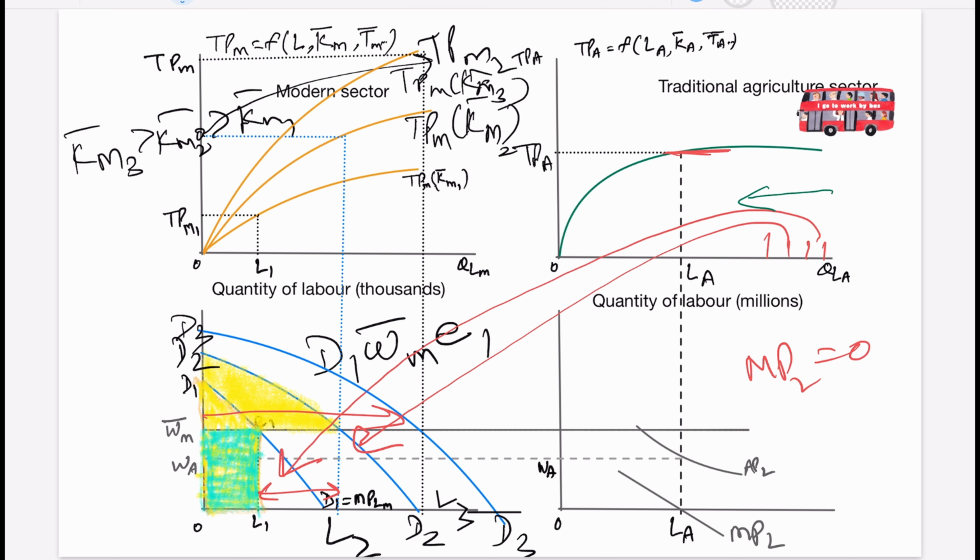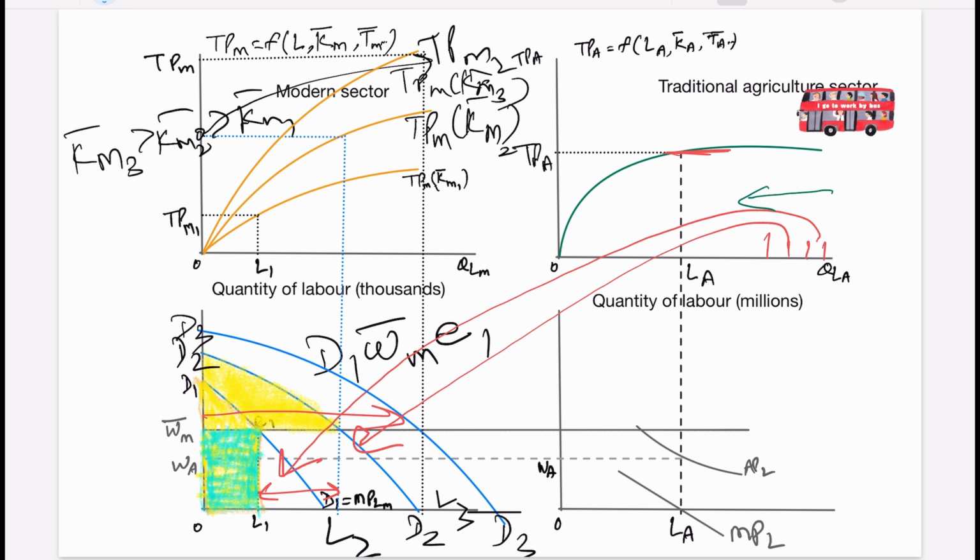Then we will not have any worker with MPL equal to 0, but rather MPL will be greater than 0. And the moment MPL is greater than 0, if we transfer them, we are going to reduce the agricultural output as well. So we are not going to do that. That is when the transfer will stop.